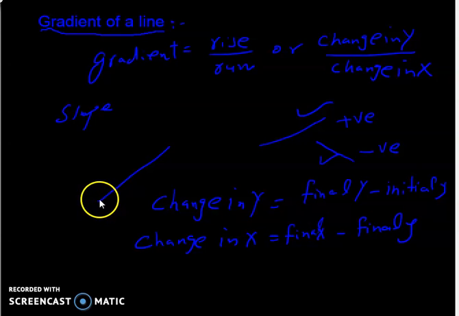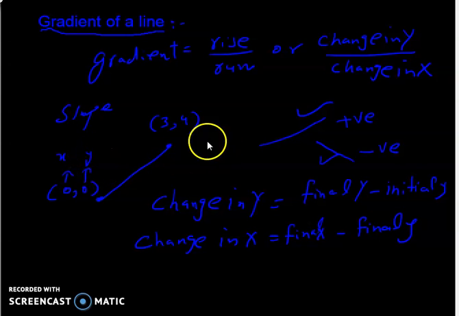For example, let's suppose if I write the coordinates of this point, let's say the coordinates of this point are 0, 0, and the coordinates of this point are 3, 4. The first coordinate, as we discussed in the coordinate axis system, is the x-axis and the second coordinate represents the y-axis.